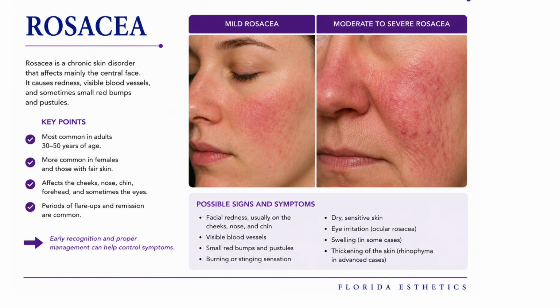Rosacea typically affects adults between the age of 30 and 50 and is more common in people with fair skin. The condition may range from mild redness to more severe inflammation. Early recognition and proper management are important to help control symptoms and prevent progression.